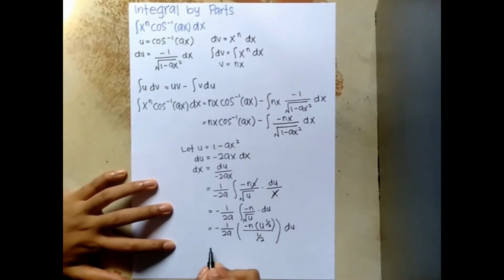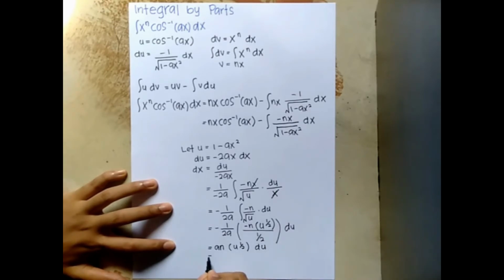and then next we will get an, which is negative 1 over 2a. We will times with 2 over 1, and then we will get negative a, and then we will times with negative n, and then we will get positive an, and then we will times with u to the 1 over 2, and then du.